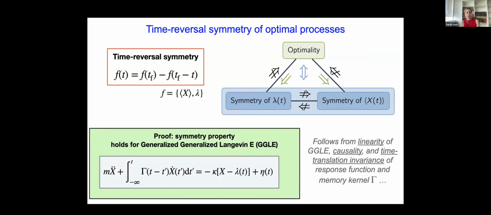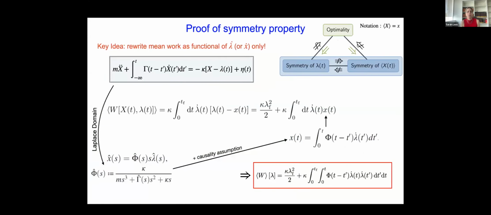We could prove these implications for a generalized Langevin equation by using the linearity of this generalized Langevin equation, causality, and time translation invariance of the response function and memory kernel. So it does hold for a very big class of systems. And I don't want to go through the proof. Also, I'm a little bit behind in time, but I just want to give you the main idea.